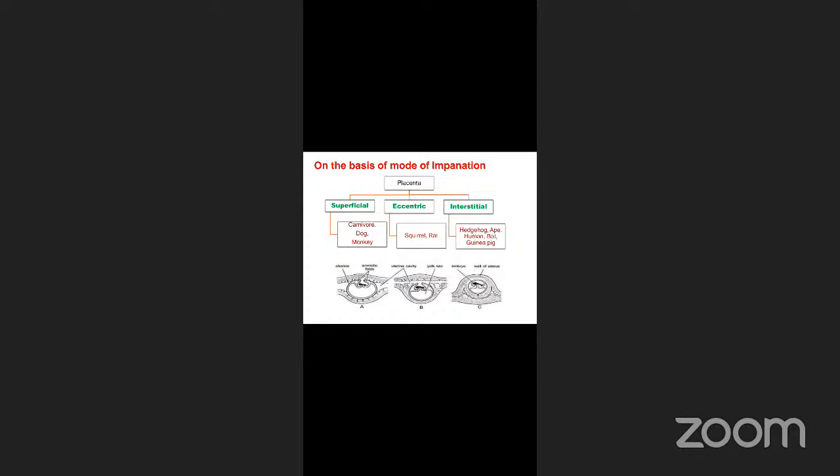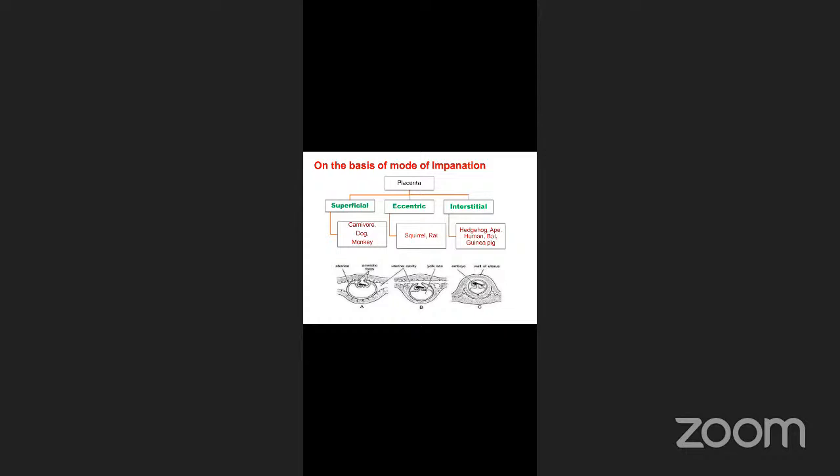Whenever a woman gets pregnant, the fertilized egg will go and implant in this endometrium. The endometrium provides support and also nourishment. Till the placenta is formed, the nourishment is provided by the endometrium, and it also provides the support so that the embryo will grow into the fetus and then finally the complete organism.